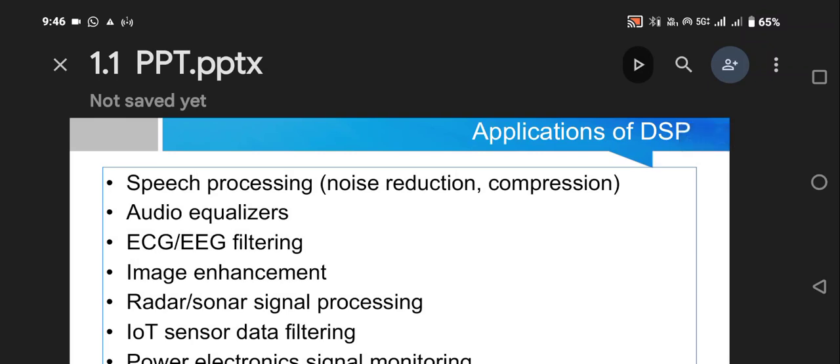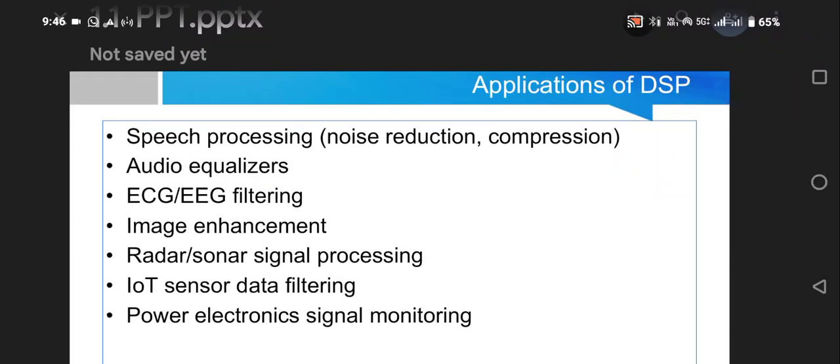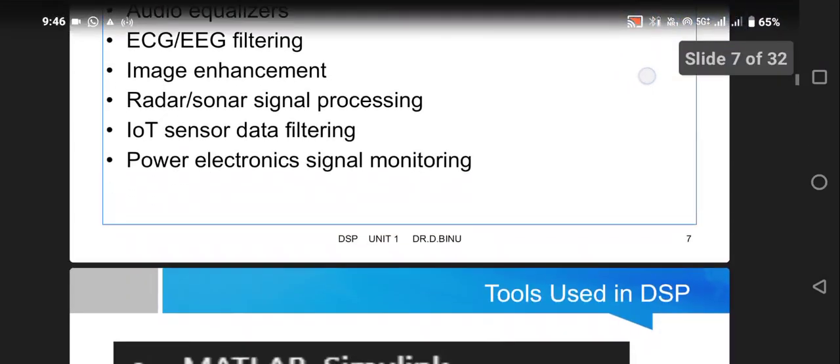DSP is mainly applied in speech processing, normally for noise reduction and compression of signals, audio equalizers, ECG filtering, image enhancement, radar and sonar signal processing, IoT sensor data processing, and power electronics signal monitoring. The tools normally used for DSP are MATLAB, Simulink, Python, especially NumPy and SciPy, DSP processors, and real-time application cards.